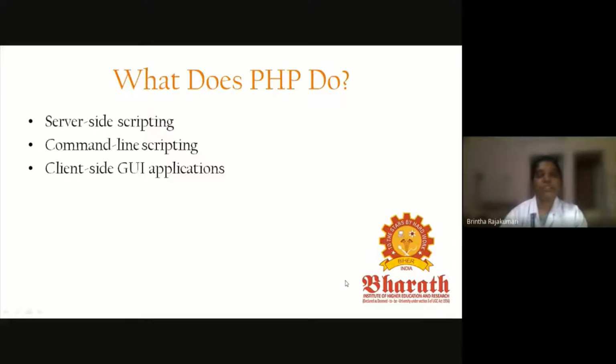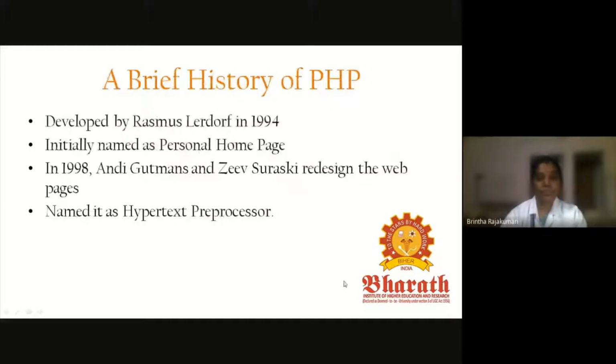Next is a brief history of PHP. PHP was developed by Rasmus Lerdorf in 1994 for his own website, to maintain his personal homepage. He initially named it Personal Home Page as he created it for his own personal use.